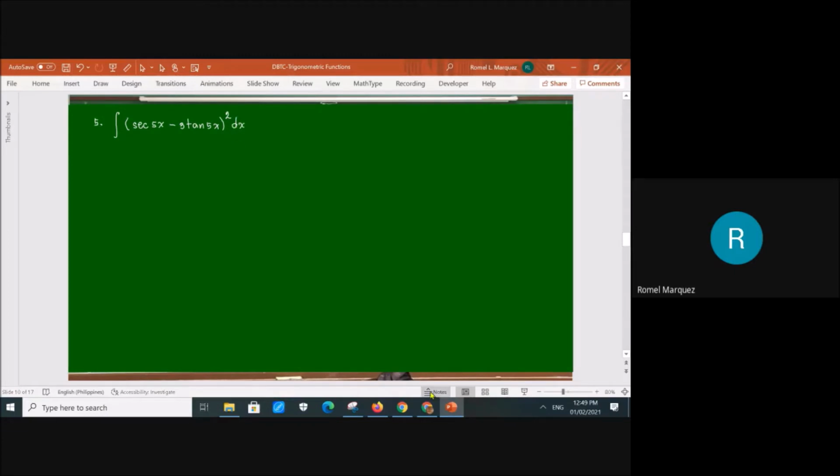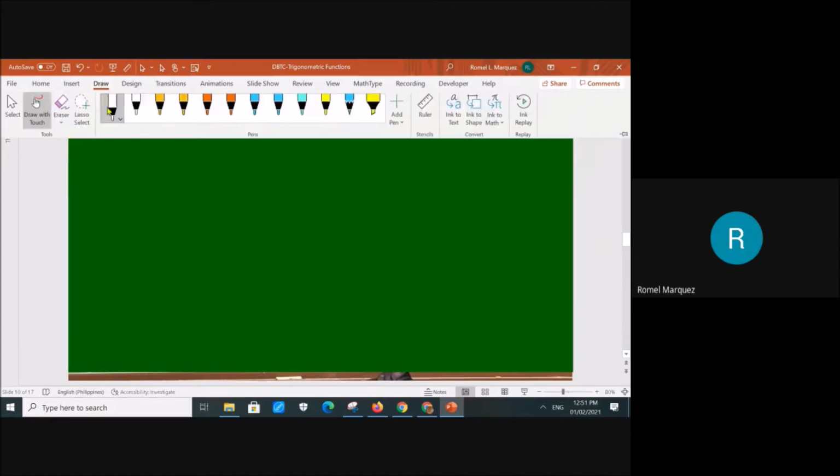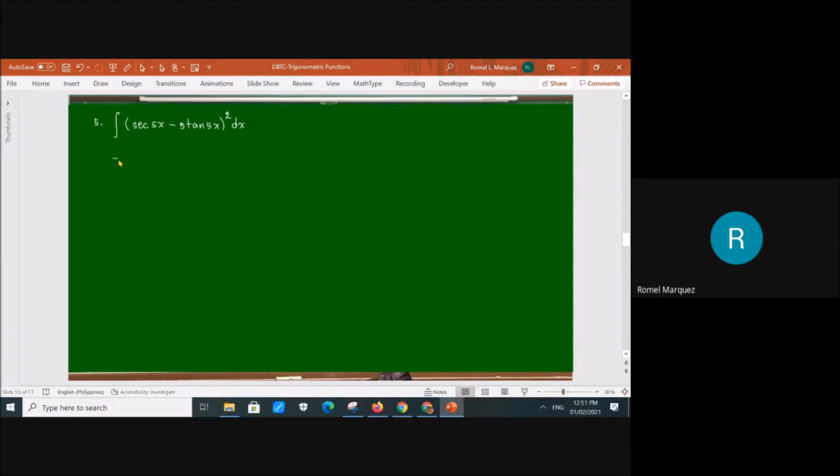What is the first thing to do here? Can we apply integration by trigonometric formulas immediately, or do we need some algebra here? We need to expand the integrand first, right?